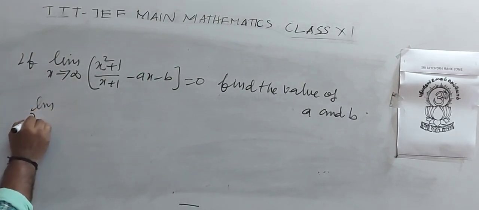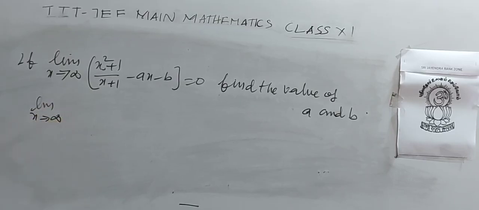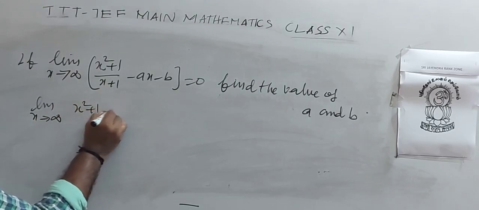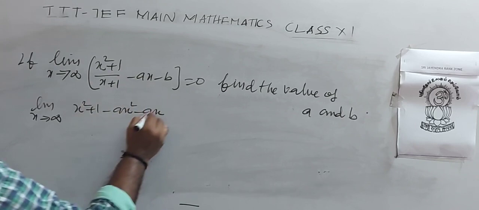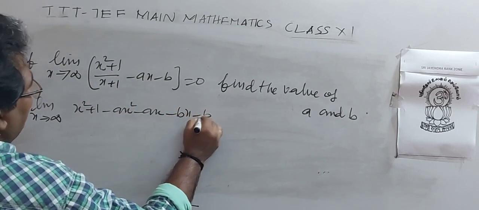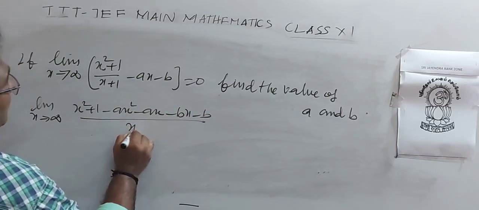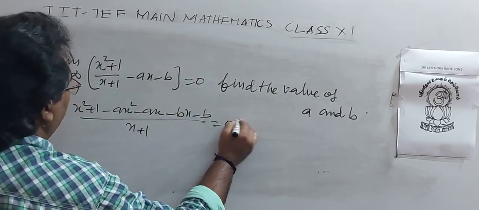So the limit as x tends to infinity of (x² + 1 − ax² − ax − bx − b)/(x + 1) equals 0.